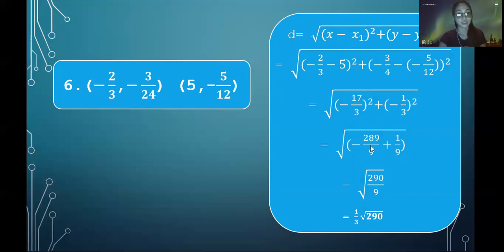So the square root of negative 289 over 9 plus 1 over 9 is equal to 290 over 9. So the final answer is 1/3, I mean 1/3 the square root of 290.